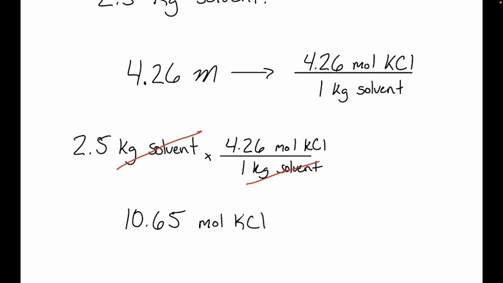And then how did I get 11? My concentration has 3 sig figs. But what about my mass? I've got 2, right? So 2 sig figs, 3 sig figs. My final answer can only have 2 sig figs. So final answer, 11 moles of KCl.